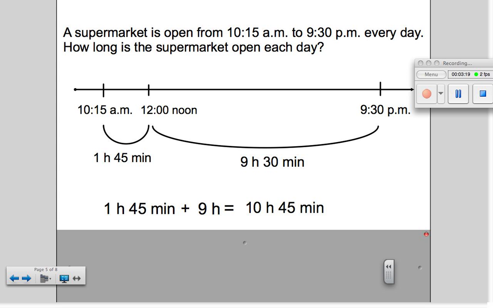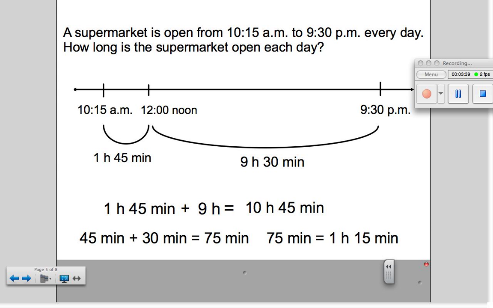We're going to begin with the 1 hour and 45 minutes. It's easier to add the hours first, so I will add the 9 hours to 1 hour and 45 minutes, and that gives me 10 hours and 45 minutes. Then I can add the minutes. 45 minutes plus 30 minutes equals 75 minutes.